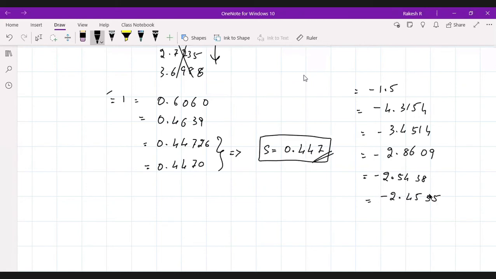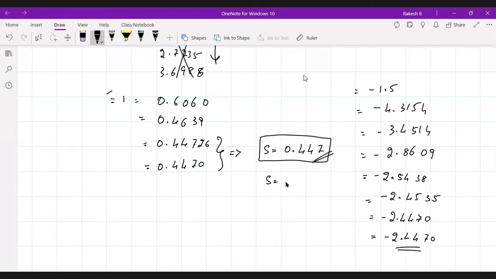Calculate -2.4535. Next I have got -2.4470. Calculate -2.4470, and again I'll be getting the same value, -2.4470 here. Right? For this, in the similar 2 iterations, we have got the same value.